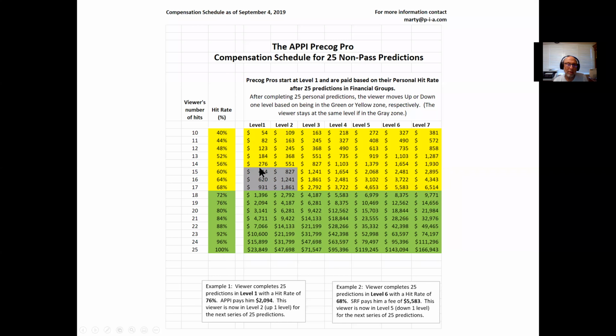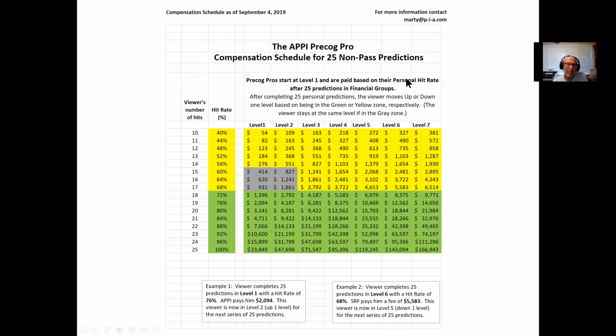But you will start at level 1, and at the end of 25 predictions, you will have a hit rate, which is what this column is. We've only indicated 40% down to 100%. And whatever your hit rate is at level 1, this will be your compensation.